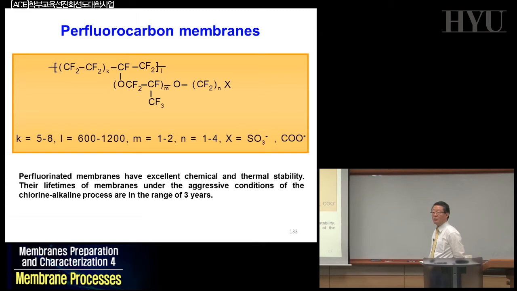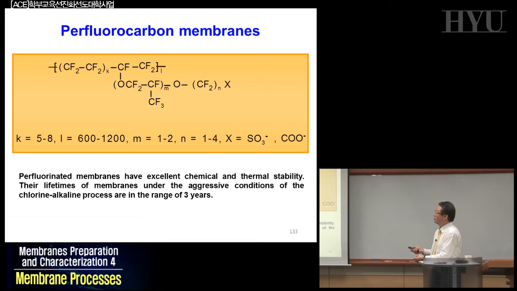Of course, Nafion was not the only solution for the chloralkali process, but as you have seen, the sulfonated polystyrene membrane and other sulfonated hydrocarbon membranes have already been commercialized by Japanese producers, Dow Chemical, European companies, and even in Korea, Hanwha and Hankook-Hwayak, companies manufacturing those ion exchange membranes and ion exchange resins.